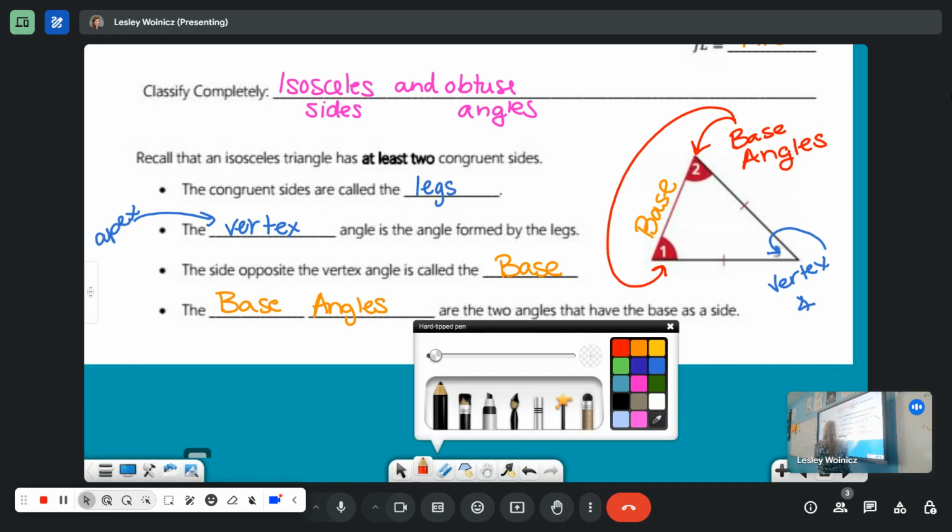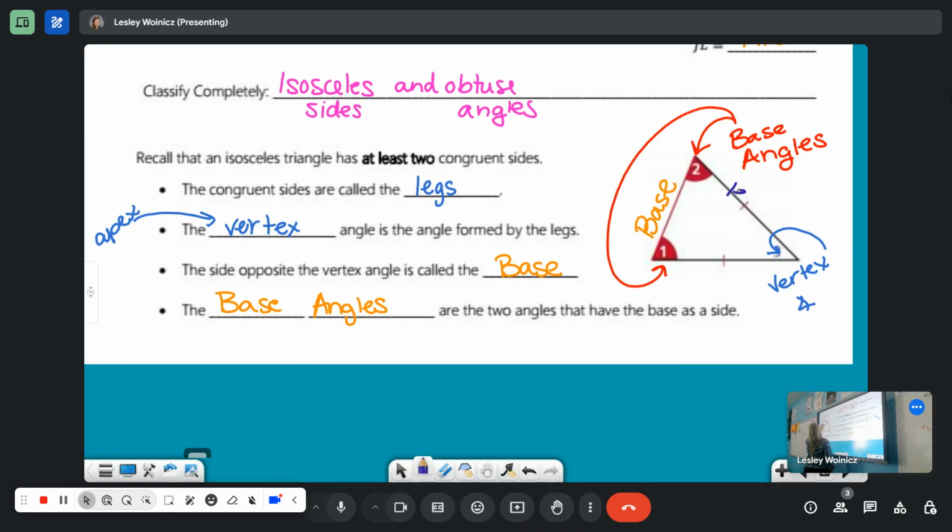I didn't label my legs. This is a leg, and this is a leg. Kind of makes sense. All right.